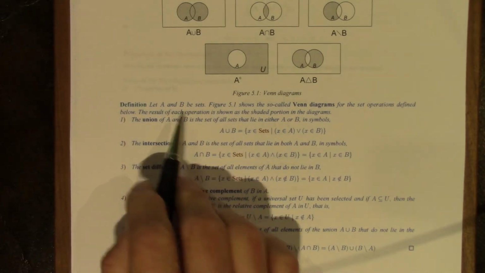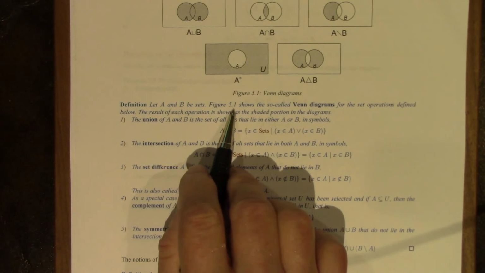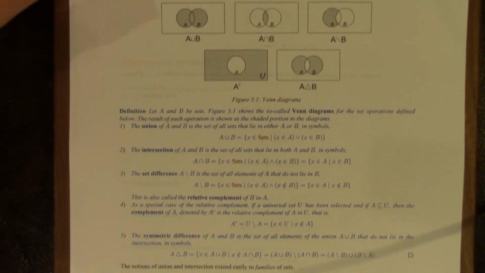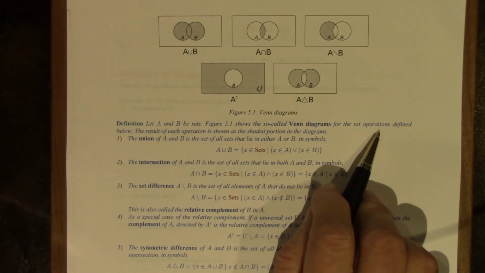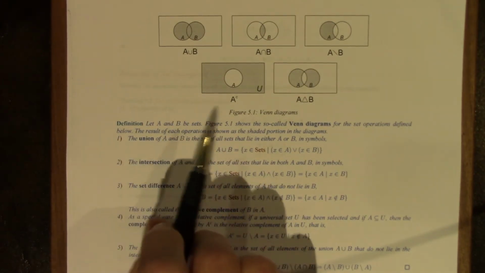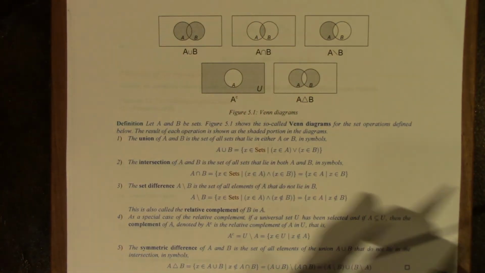So here are the definitions. Let A and B be sets. Figure 5.1 here shows what are called the Venn diagrams for the various set operations that are defined below. And the result of each operation is shaded in dark shade.